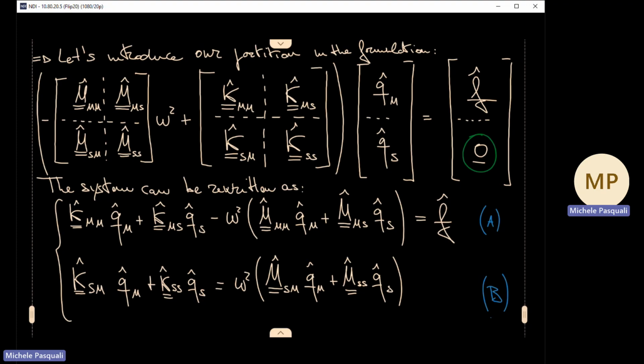Now is where we make some assumptions and specify which kind of order reduction technique we want to implement. The first one is the static condensation, also called the Guyan-Irons method. Have you ever heard of this? No? Okay. Basically, it assumes that we get rid of the dynamic part of the slave.